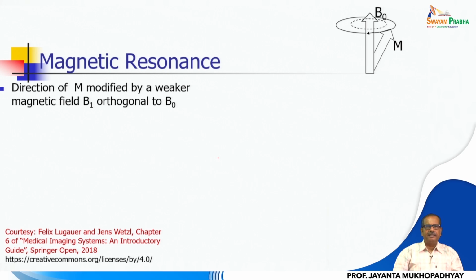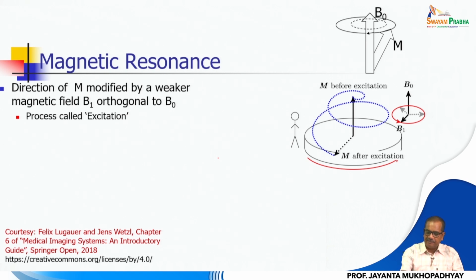So one is that you can detect the M modified by a weaker magnetic field. If I apply a weaker magnetic field orthogonal to B naught, then before excitation it was like this, but after applying this magnetic field, it will get aligned with this direction.